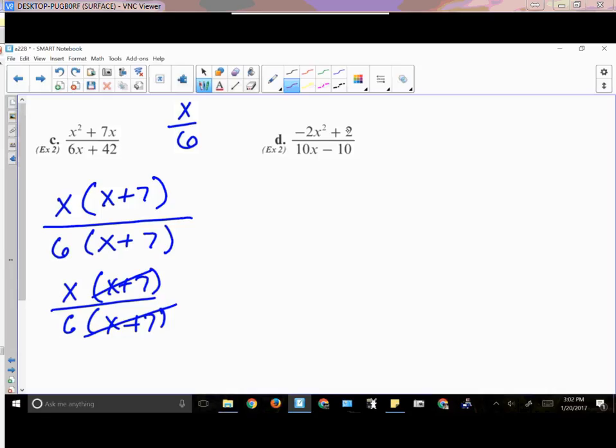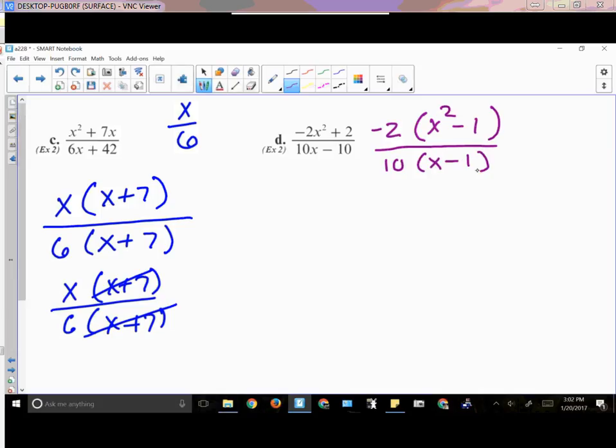So for the numerator, I am going to pull out a negative 2 and see what's left. What's left? X squared minus 1. On the bottom, I am just going to pull out a 10. So I pull out a 10 and I'm left with x minus 1.